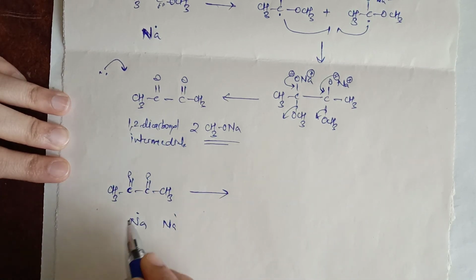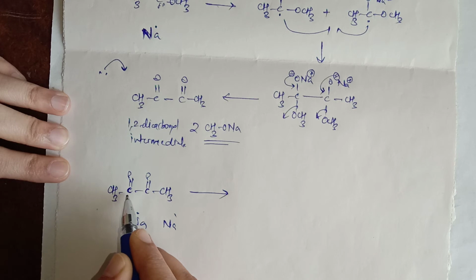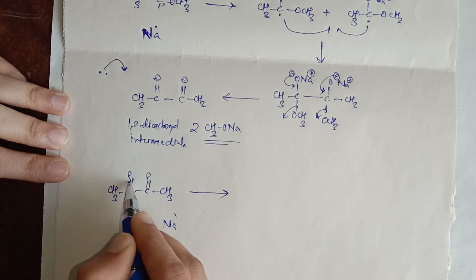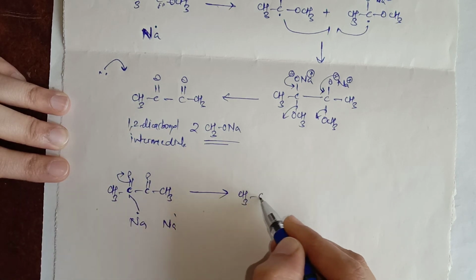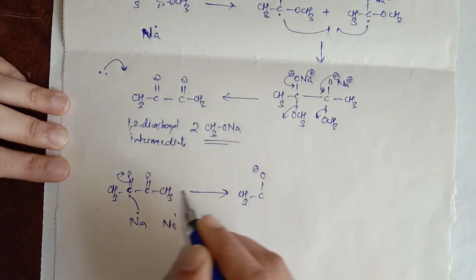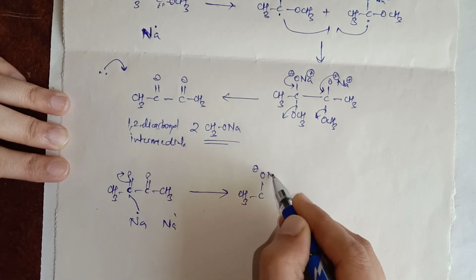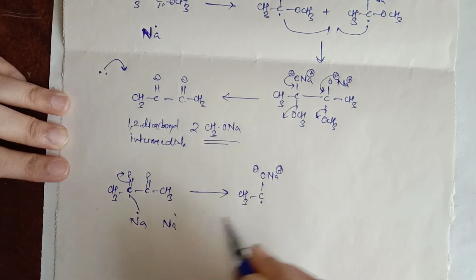If this sodium gives its electron to this carbon, you will again get a carbon radical, right? And these electrons will shift onto this, so you will get CH3CO minus again, with Na salt and a carbon radical.